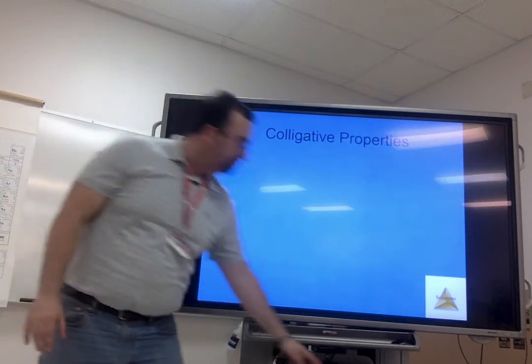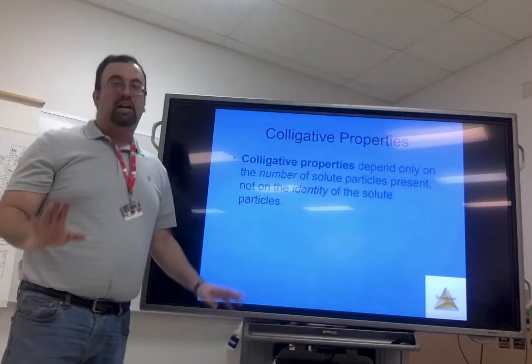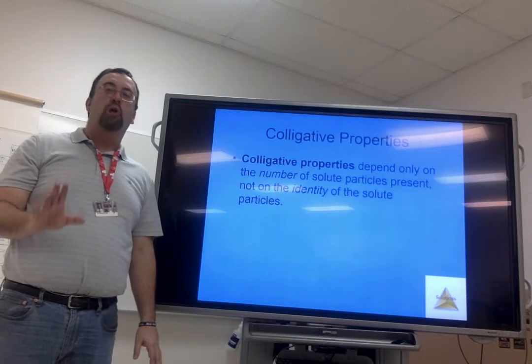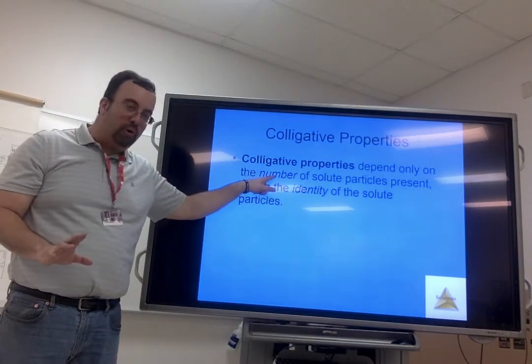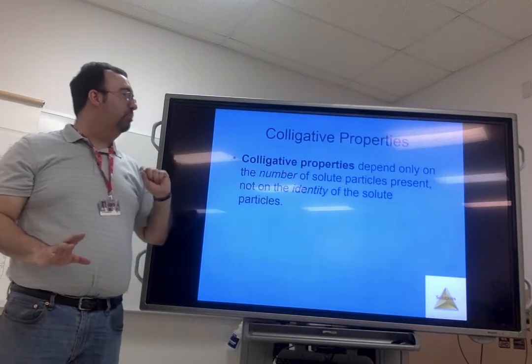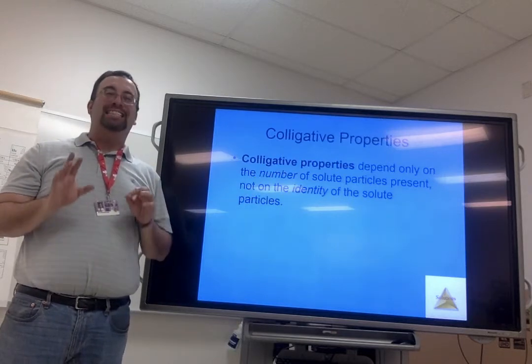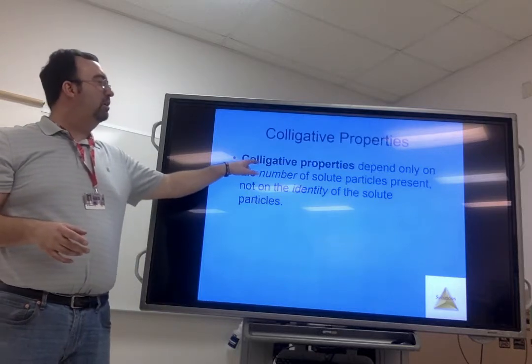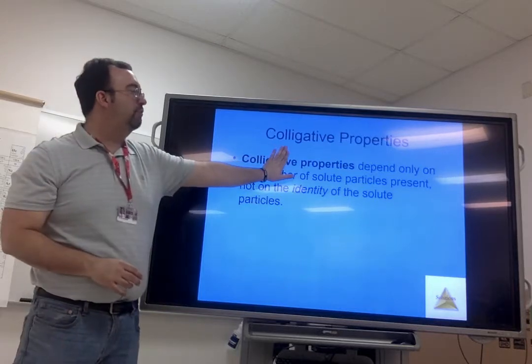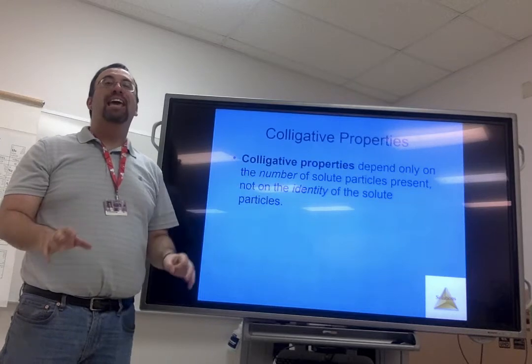Colligative properties. A colligative property is called such because it depends upon the number of solute particles present and not on the identity of the particle. So it doesn't matter what you actually have. If you look at the first part of the word colligative, think about a collection.